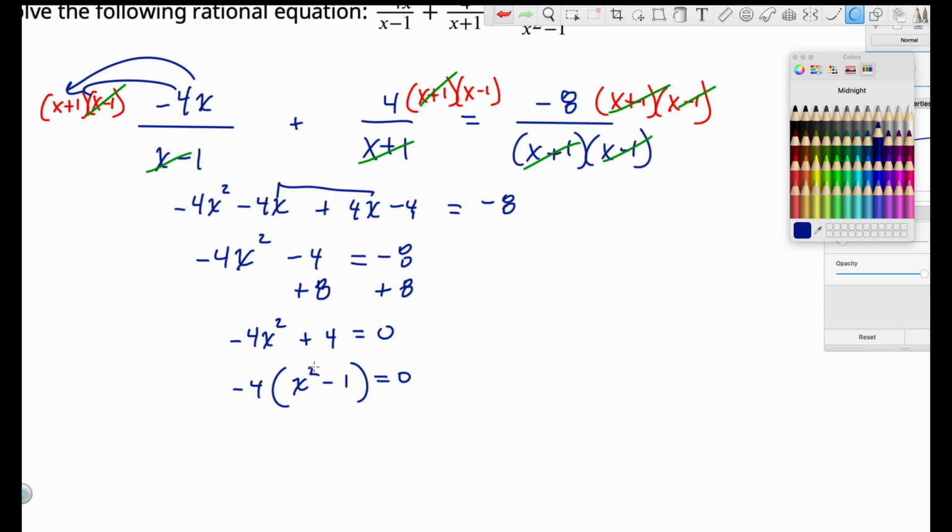Okay, take a look at this now. We've got another conjugate pair. In fact, we just did this conjugate pair before. It's x plus 1 times x minus 1.